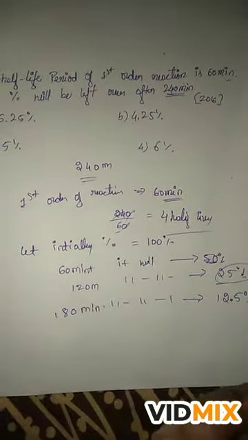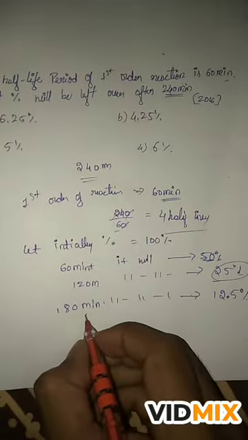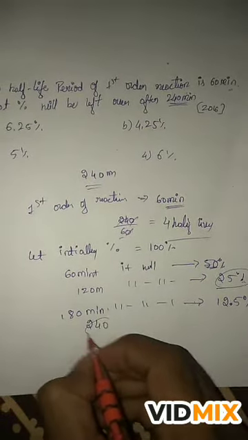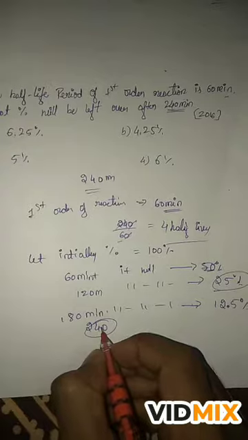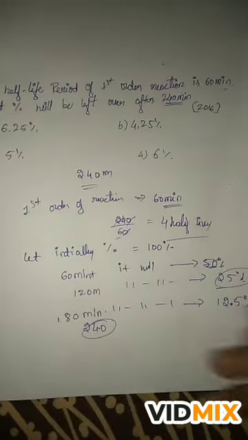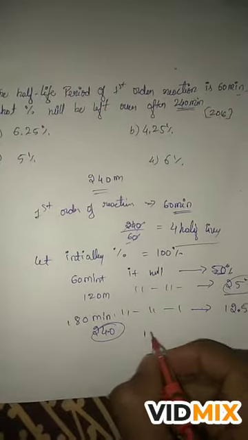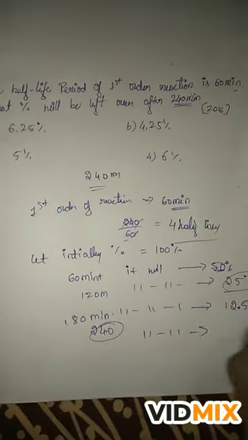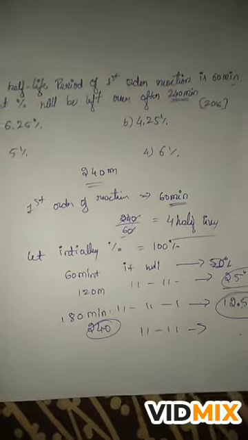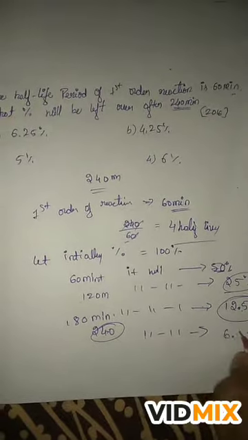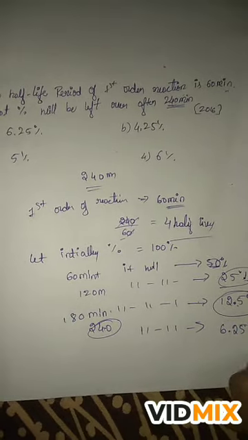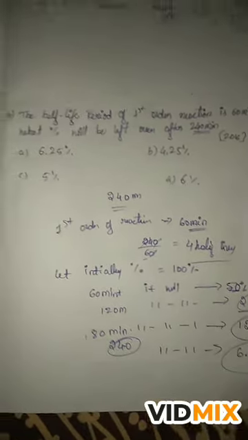Then 180 minutes plus 60 is 240. After 240 minutes it will become half of 12.5, which is 6.25 percentage. It is the answer. Therefore the answer is option A.